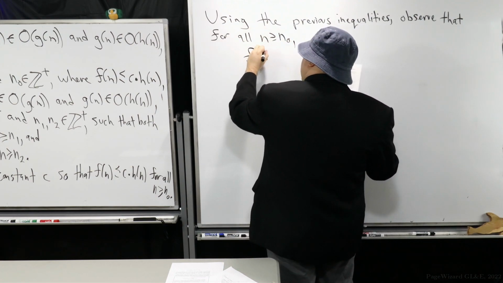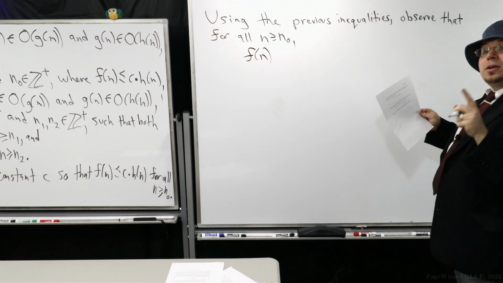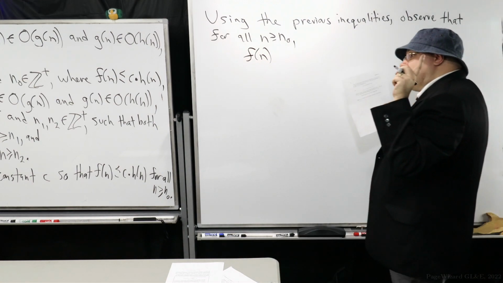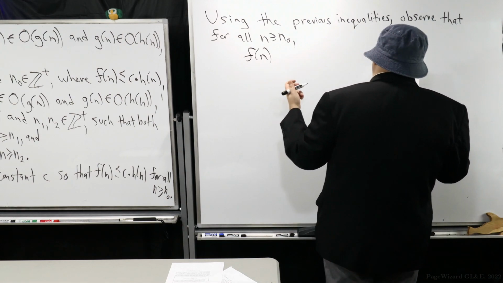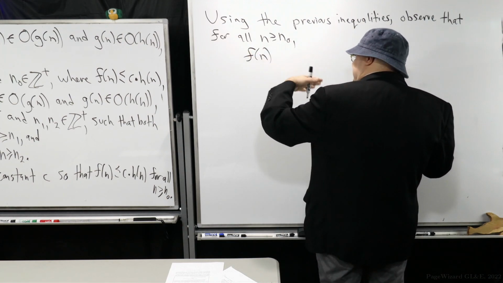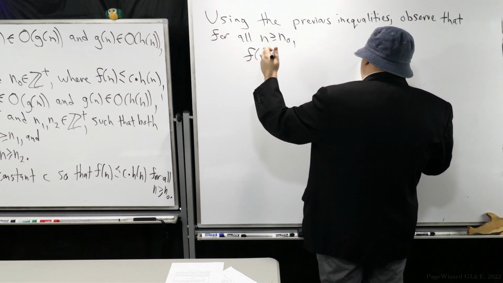And we know both of those inequalities are going to be true for the value I picked for n0. So for n0 and greater, sorry, I'm getting very excited about what we're going to do here.